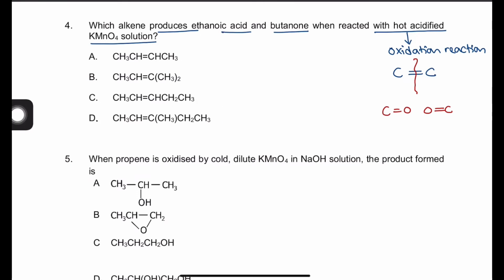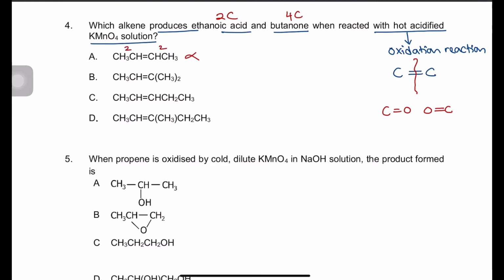A good way to begin this is by knowing that ethanoic acid has 2 carbons and butanol would have 4 carbons. So one side of our alkene should have 2 carbons and the other side should have 4 carbons. That eliminates option A, because option A has 2 carbons on the left and 2 carbons on the right.